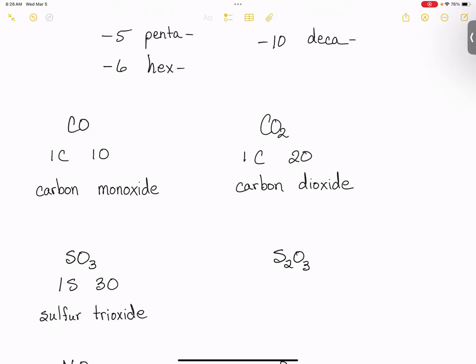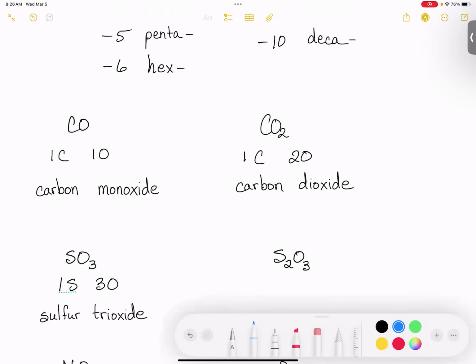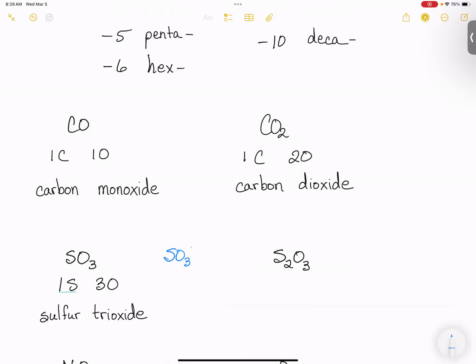Now, I actually like using this particular one because I want you to note the difference between sulfur trioxide and sulfite. Sulfite has a charge, whereas sulfur trioxide does not. Again, the polyatomic ion sulfite has a charge, where sulfur trioxide does not.